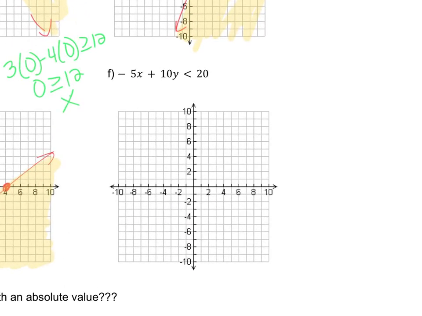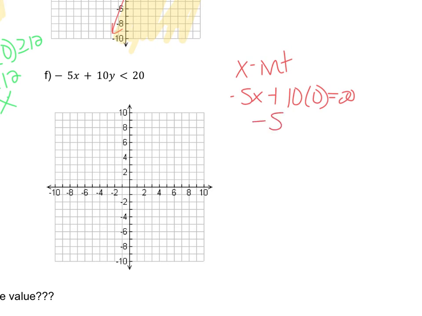Okay, last one of these, same exact thing. If you want to try to pause the video, go for it. So I got to find my x-intercept. So that's negative 5x plus 10 times 0 equals 20. So negative 5x equals 20. Divide by negative 5.